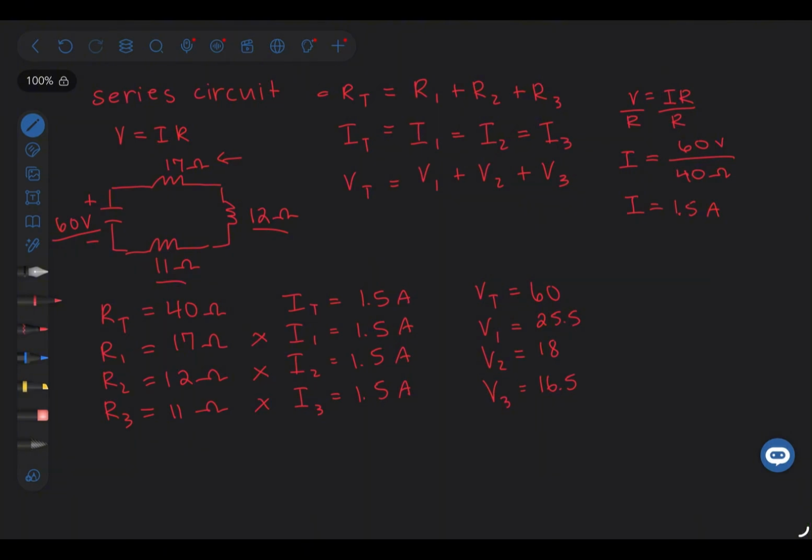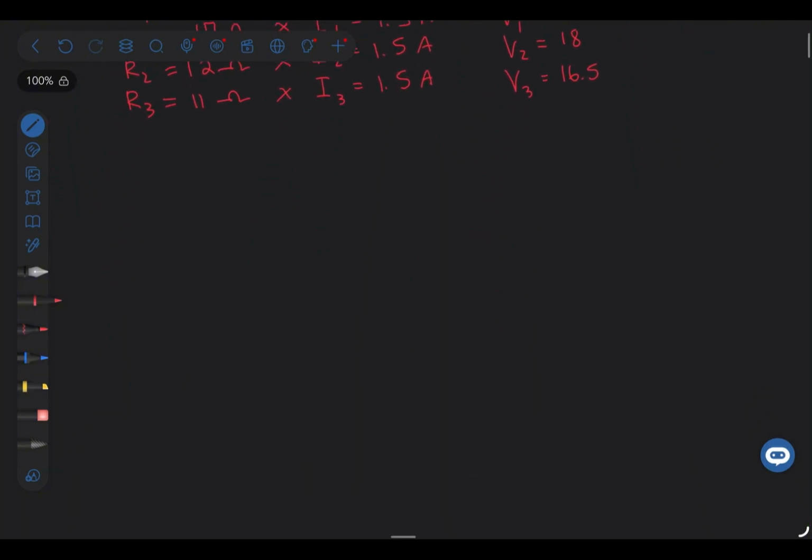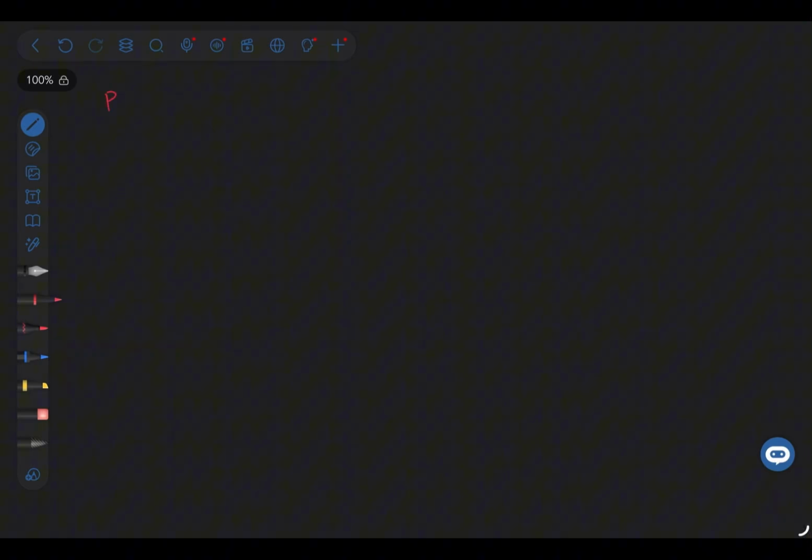Now we're going to do a parallel circuit. They look like this. And they also use the formula V equals IR, but there are some things that are different.